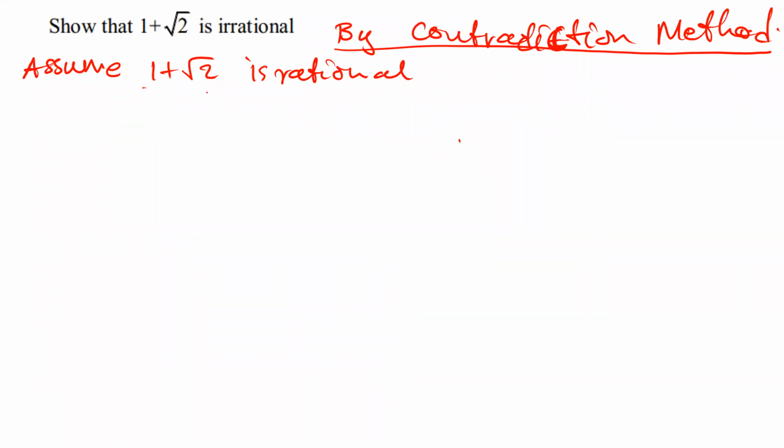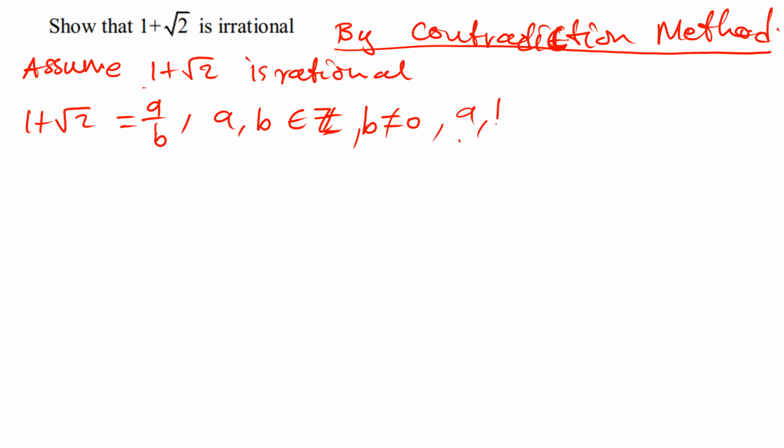So now how do we prove that? If we make an assumption that this is rational, it means that 1 plus the root of 2 can be expressed in the form a over b, where a and b are members of what? Integers. And apart from that, we know that b should never be equal to what? 0.